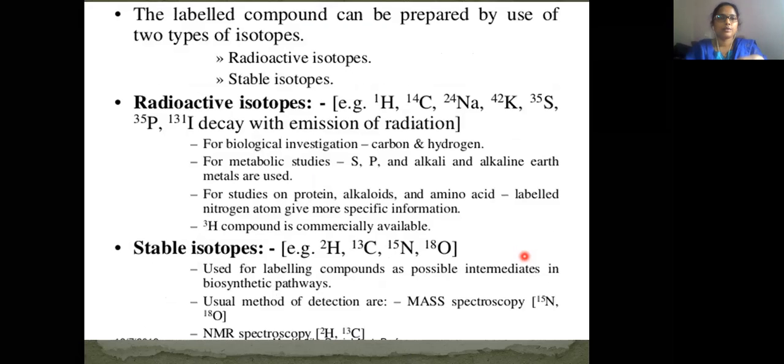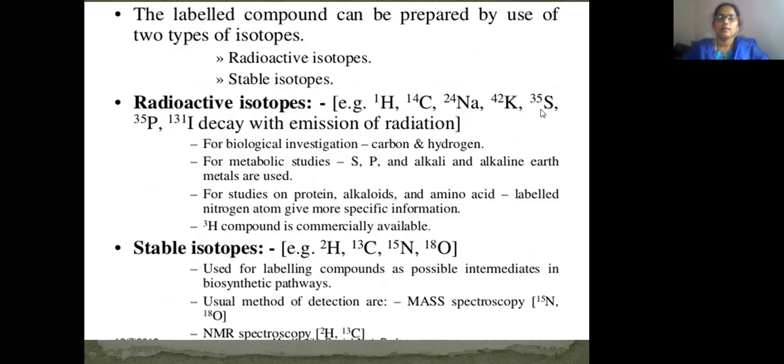Coming to the types of isotopes, we have radioisotopes and stable isotopes. Radioisotopes decay with emission of radiations.